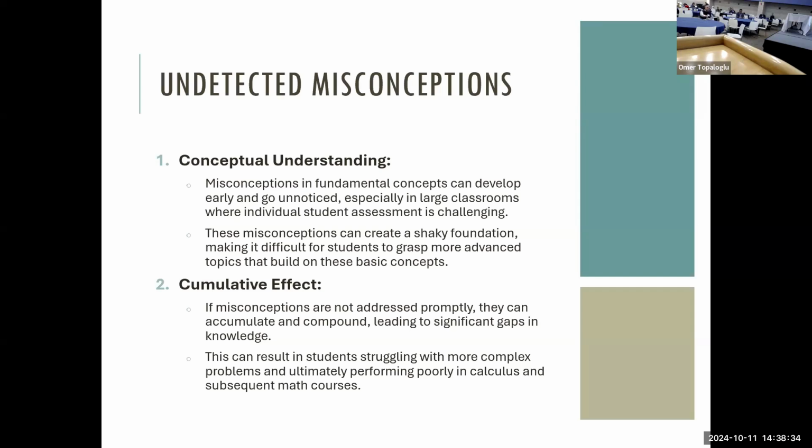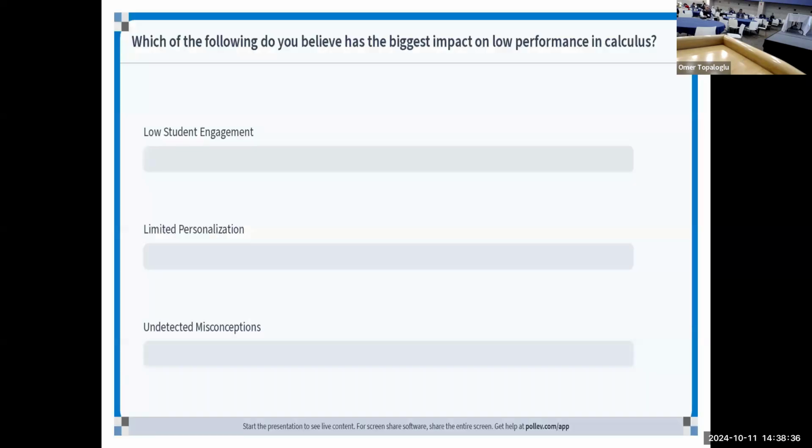And let's have another quick poll for this. There is no right or wrong answer, but just based on your opinion, who thinks that the biggest impact on student performance is low student engagement? Okay.